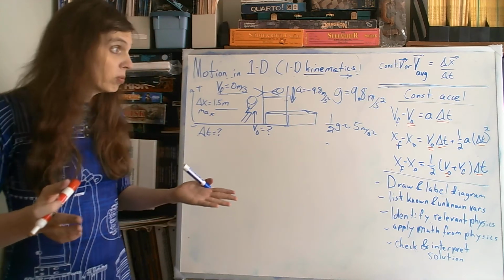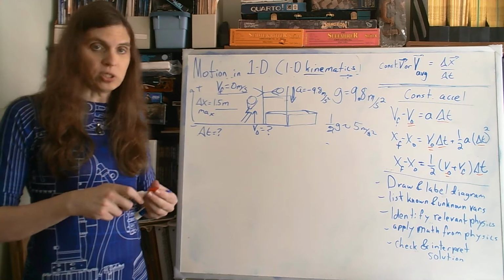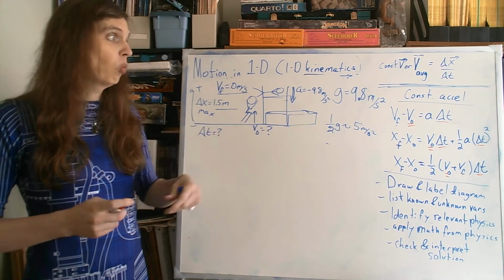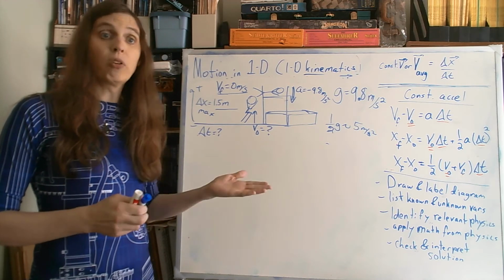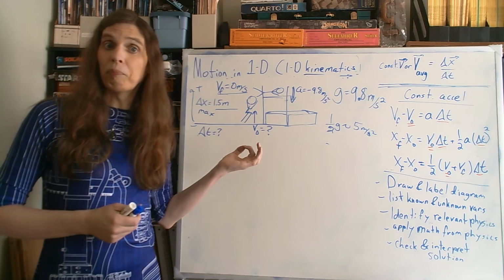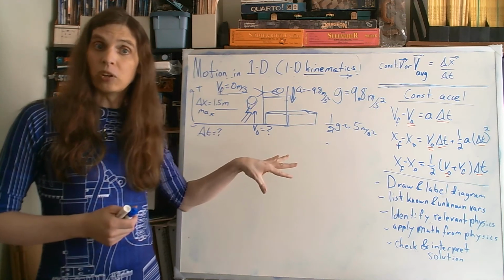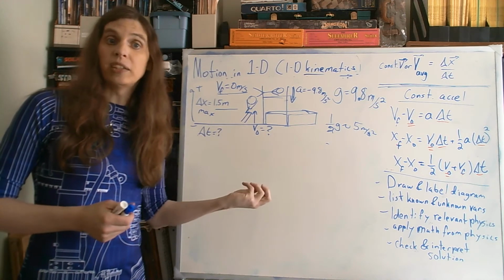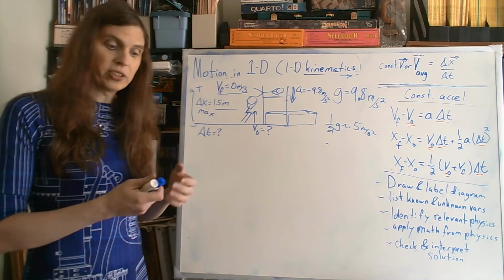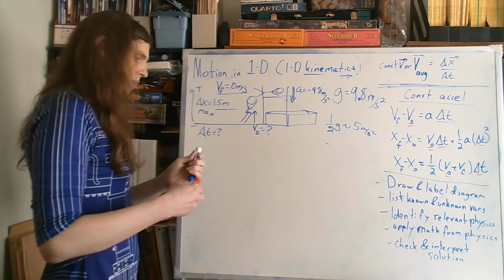So this means, though, that we could substitute one of these equations into another. We could solve for the variable we don't care about, time, and substitute that equation into the other one to get an equation that will be able to help us solve for velocity. Let me show you what I mean.